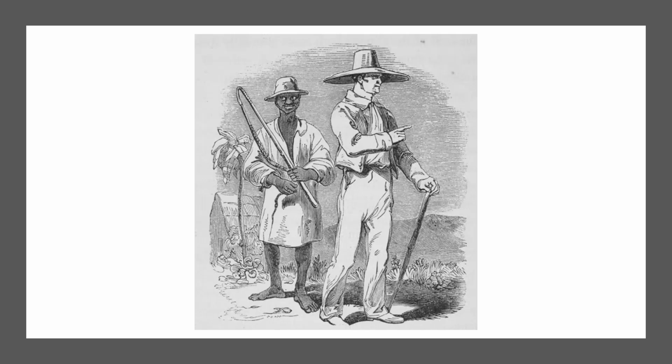Of course, we look at it from a different point of view now because finally, thanks to things like the WPA narratives and different sources about slavery, slaves said, no, this isn't the case. Just because you don't do the worst tasks on the farm or plantation didn't mean you were held in the highest esteem. Being a house slave was not all it was cracked up to be in the order of slavery.